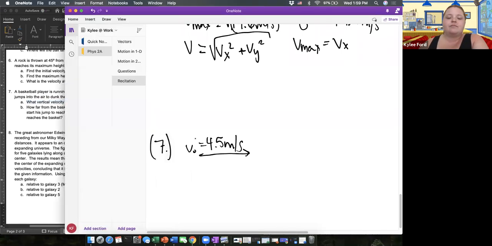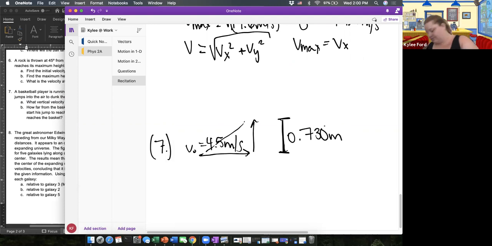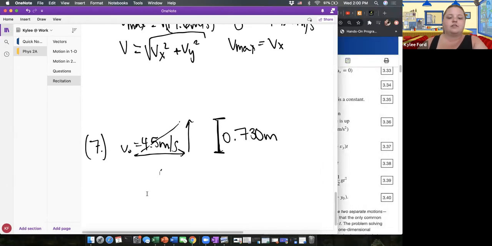But we have some initial velocity going this way, and we want to see what velocity he needs to get up to some height, 0.73 meters. Okay. So I'm gonna take this and move it. All right.